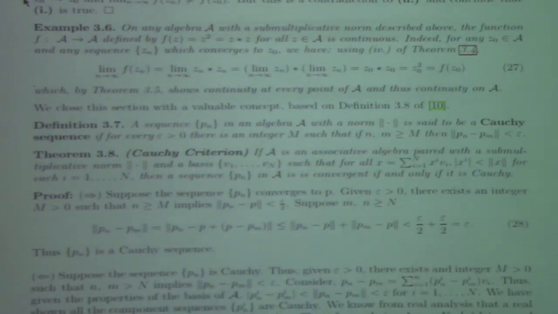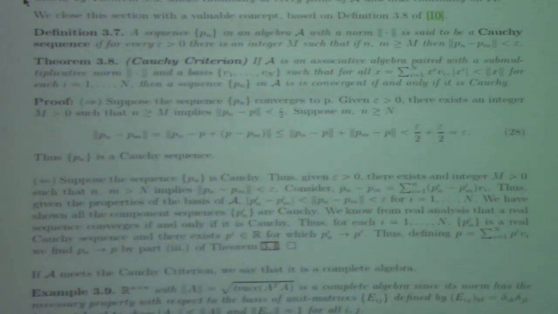All right. Then that brings us to the Cauchy criterion. So you guys have had real analysis or are taking it. The Cauchy criterion says that if we go far enough out, we can make terms as close together as we like, essentially. A sequence is Cauchy if for every epsilon greater than 0, there's some big M such that beyond that M, the difference between terms is less than epsilon.